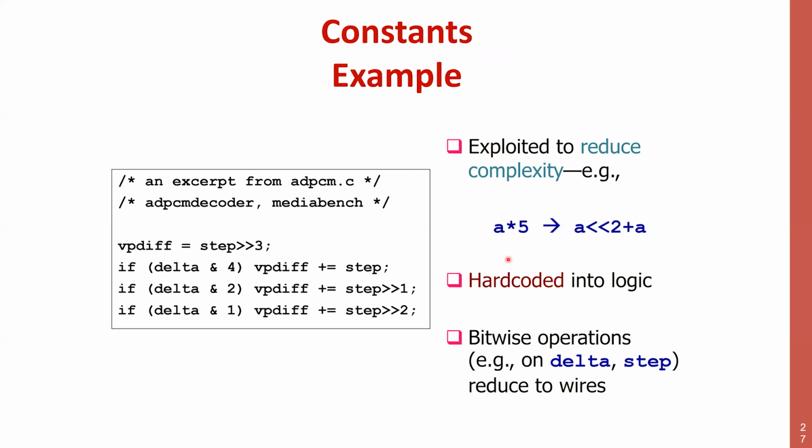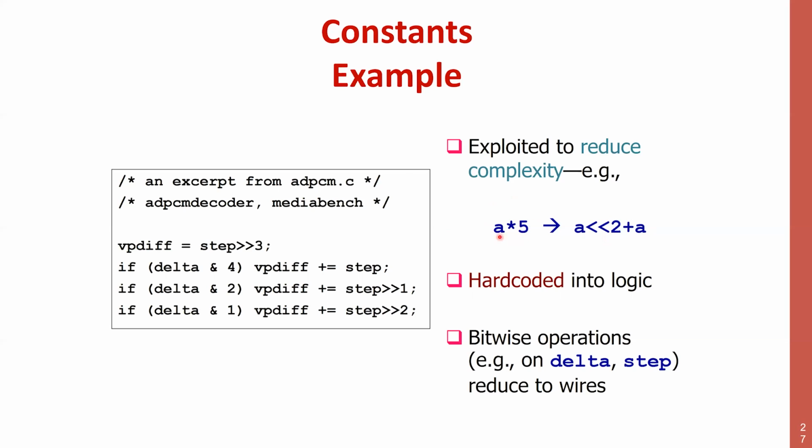I implement an operation of a high strength, like multiplication, with something that has lower strength or lower complexity, which are two operations here, where I shift A by 2, I get 4 times A, plus A, I get 5 times A, which is exactly what I wanted, right?